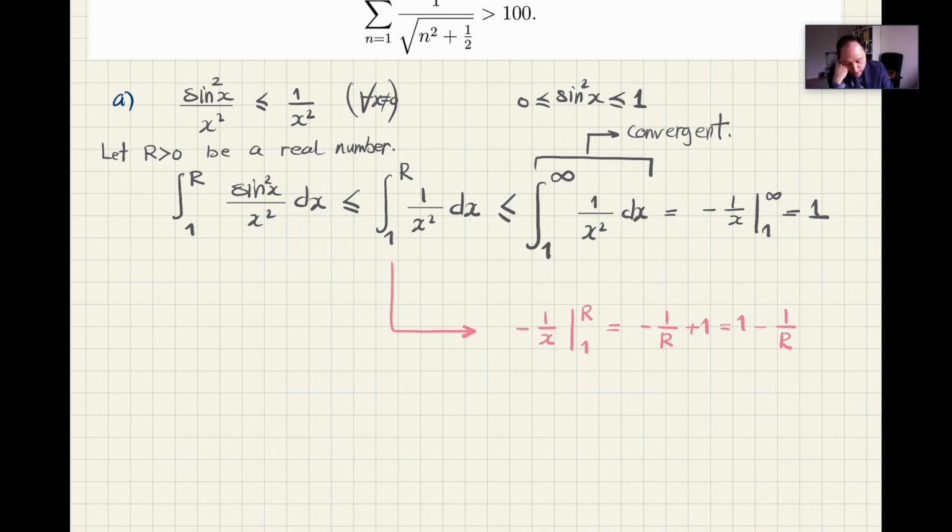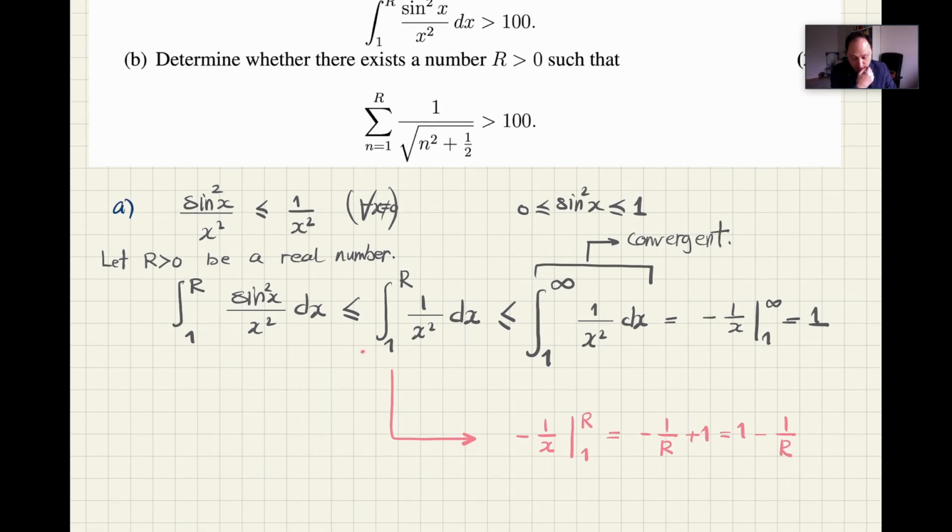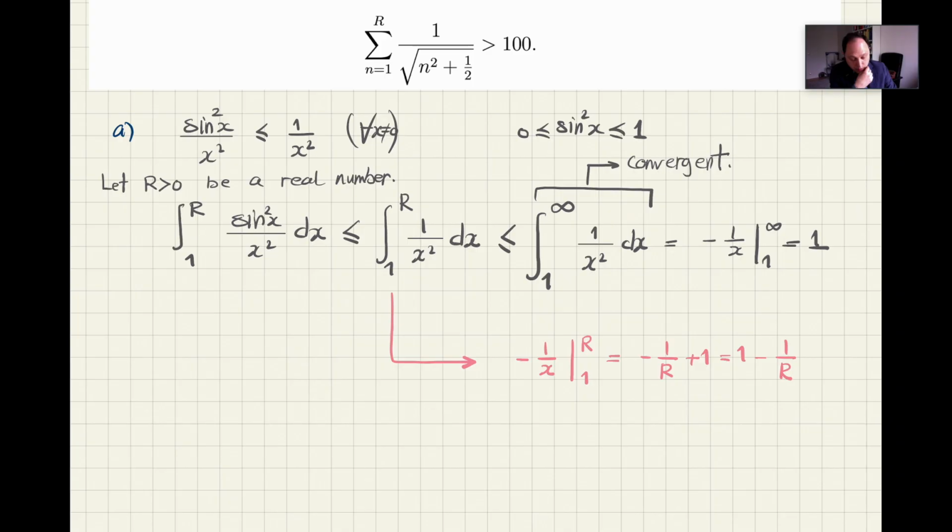So we guaranteed that this integral is smaller than this integral, and then we calculate this integral, it becomes this number. Is it possible to make this one bigger than 100? The answer is no. Yes?